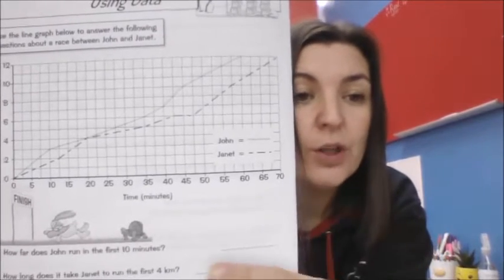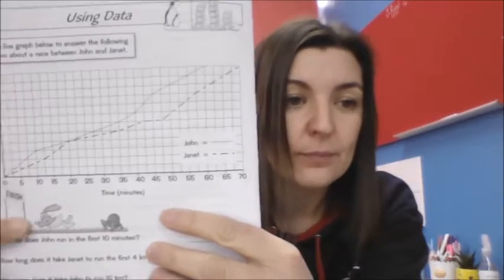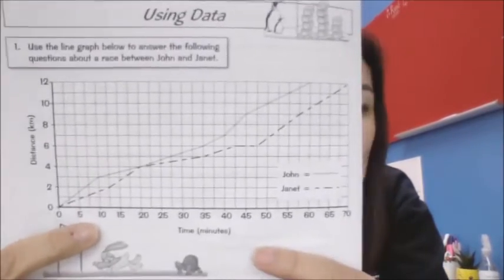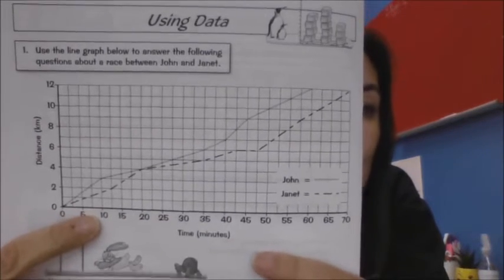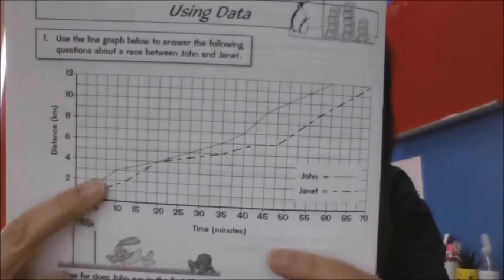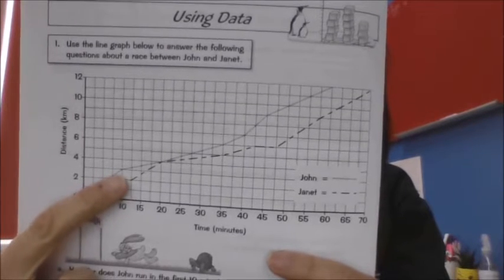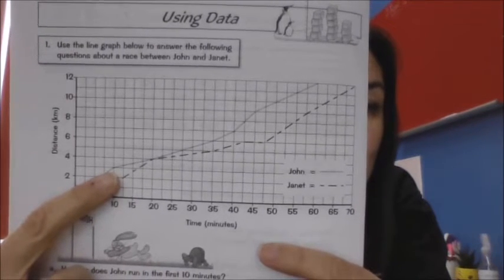Okay, so what you need to do for this one is you need to find 10 minutes. I'll get in a position that you can see. So here's 10 minutes, and then you've got to follow the line up until you find John's line, which is the little dots, remember.